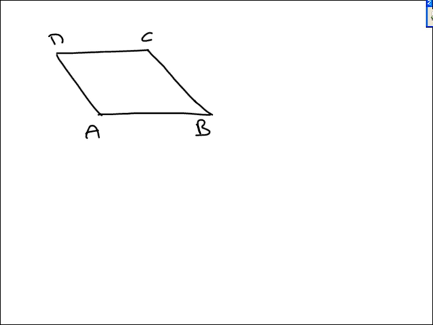So basically, to use corresponding parts of congruent triangles are congruent, first you have to conclude that the two triangles are in fact congruent. So if you have a figure like this, A, B, C, D, and it's cut like this, and you're given that the length of AD is the same as the length of BC, so there it is.